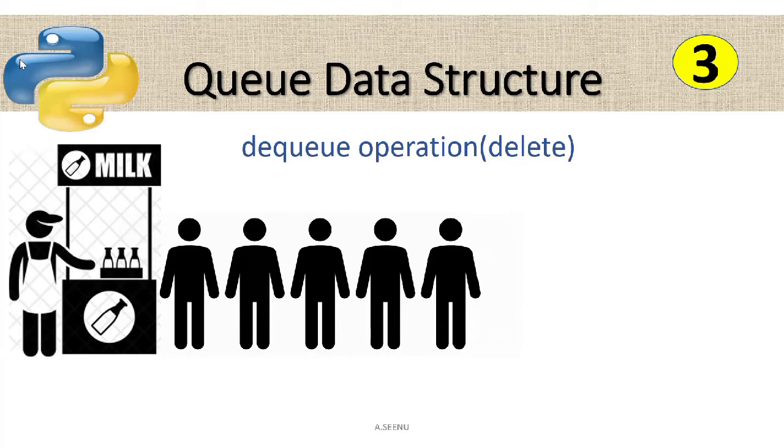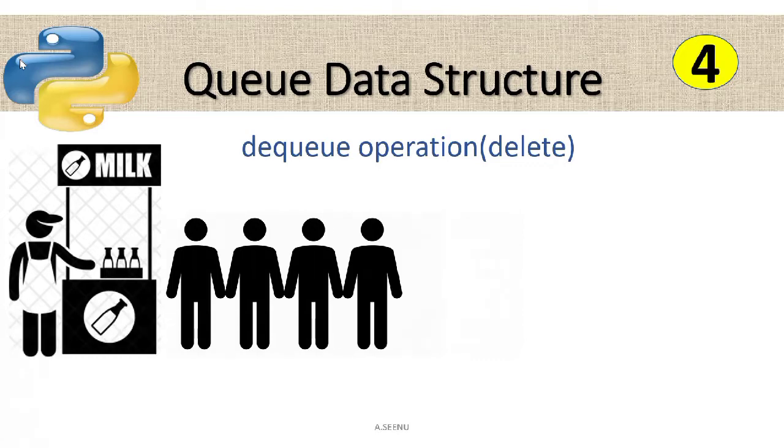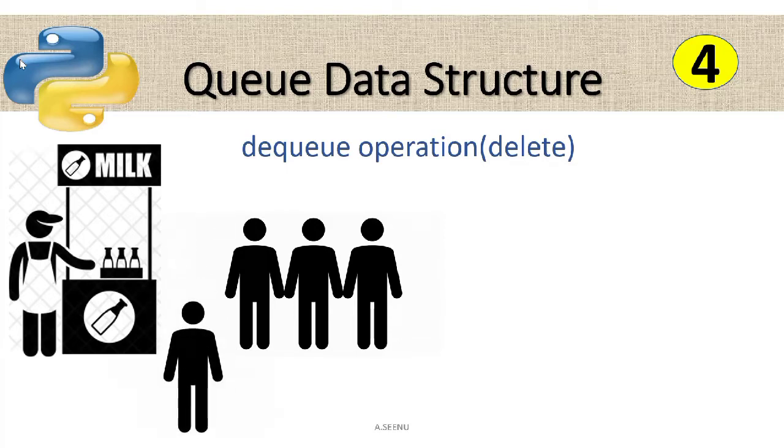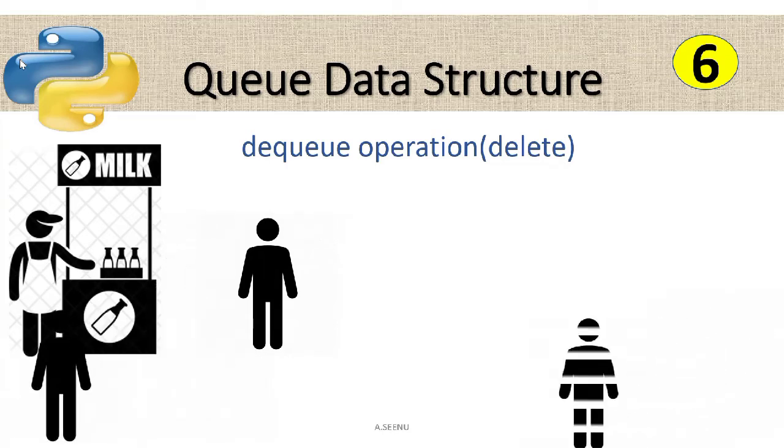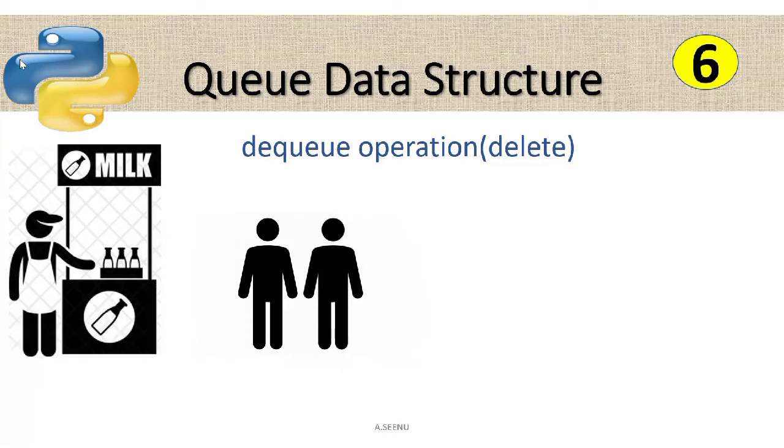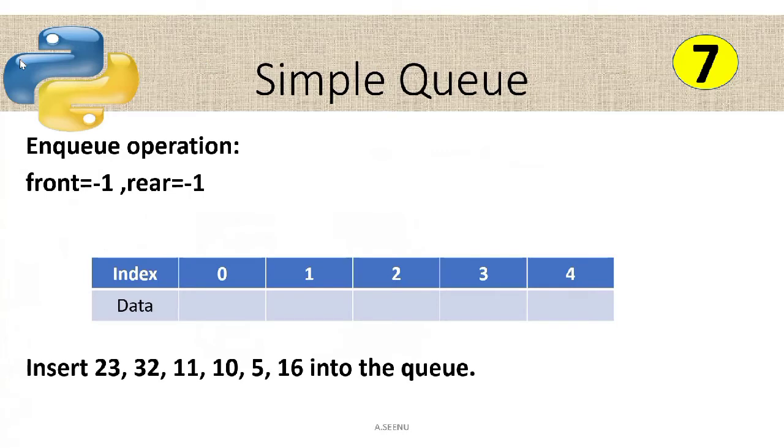The person who is leaving is the first one who entered the queue. The queue will adjust, that means each element is shifted by one position. Then the second person leaves, the third person leaves, the fourth person leaves, and so on. That's the animation.